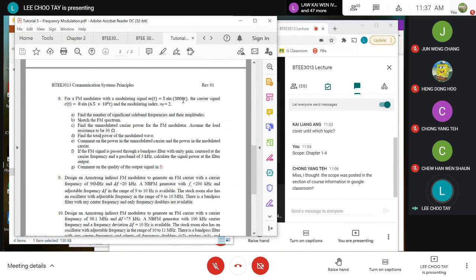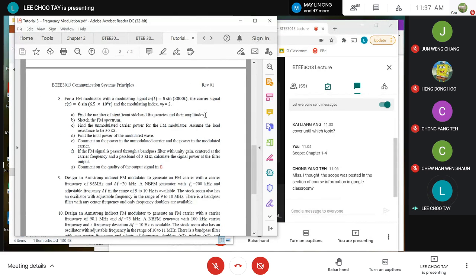For simplicity's sake, we just make use of a message with a single frequency. The carrier signal is 8 sin 6.5 times 10 to the power of 6 t, and the modulation index is 2. For part A, you need to find the number of significant sideband frequencies and their amplitude.